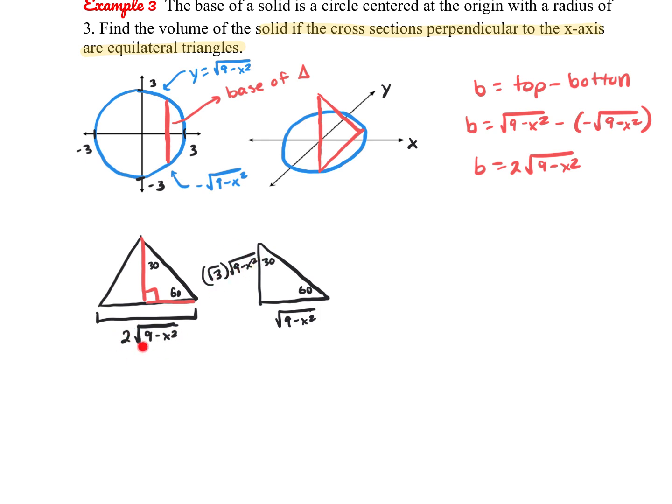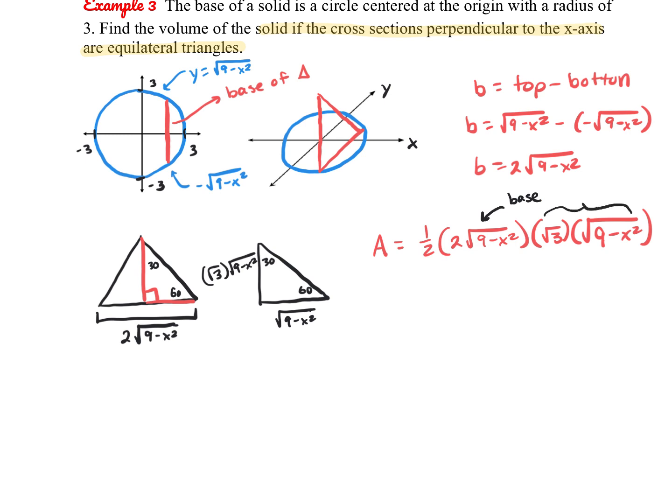The base is this, and now we have a way of defining the area of each triangle. So 1/2 times the base times the height. So root 3 times the square root of 9 minus x squared. And again, this value represents our base, and all of this represents the height.